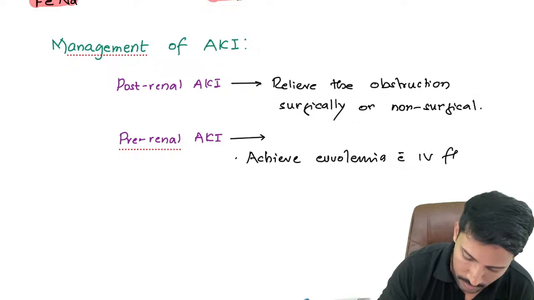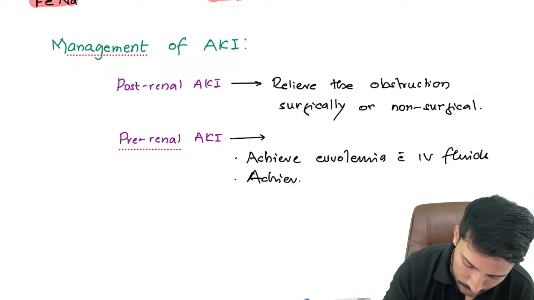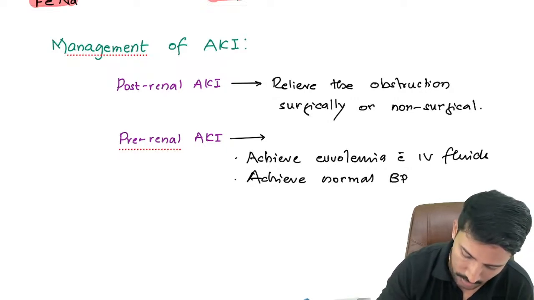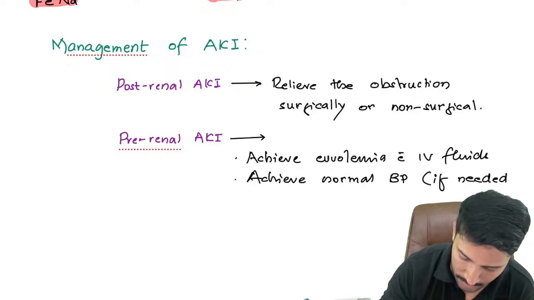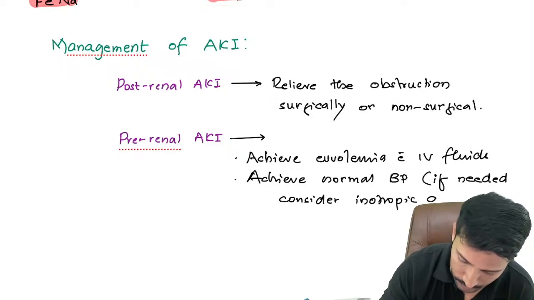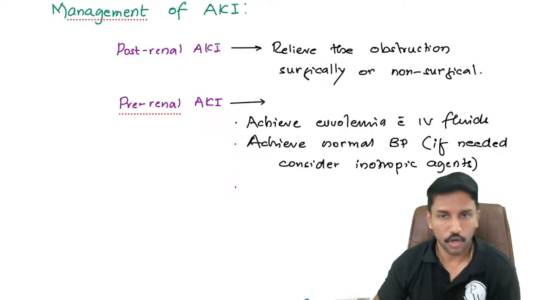With IV fluids, achieve normal blood pressure. If needed, you can definitely consider using inotropic agents to get a normal blood pressure so that the renal perfusion is optimized, right?